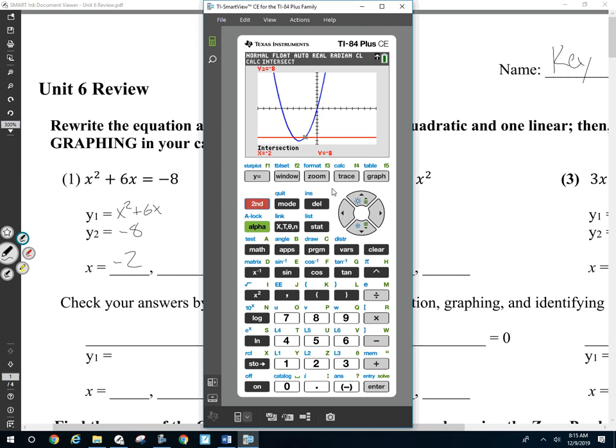So that's one of my answers. And then I'll go second calc, intersect. It's very important. You will travel to the intersection first, after you press second calc intersect. A lot of people will travel first and then press second calc intersect, but get to your other intersection, enter, enter, enter, and you get your other solution.